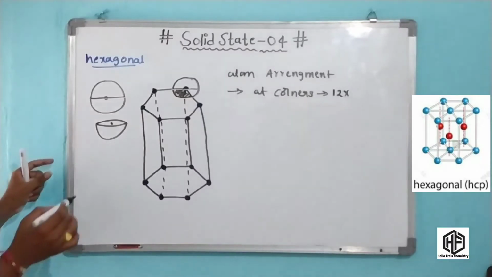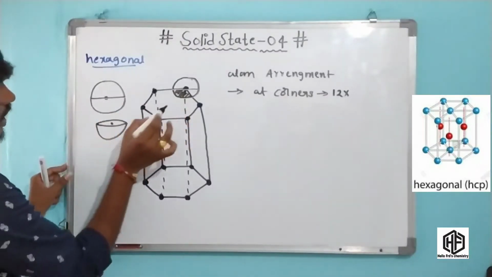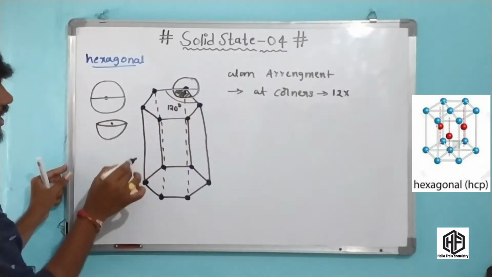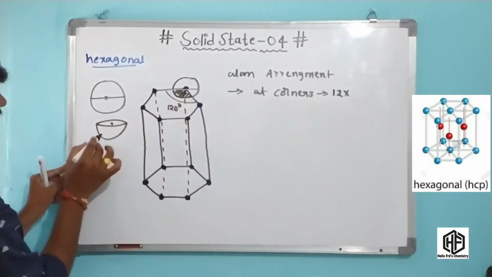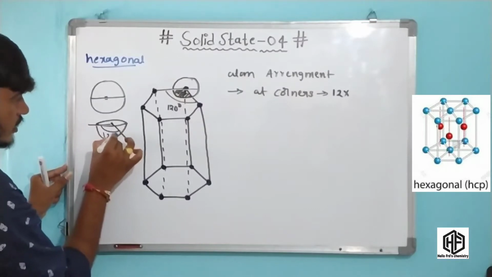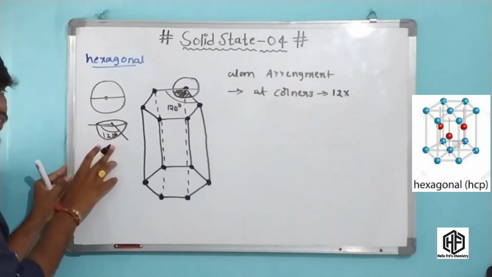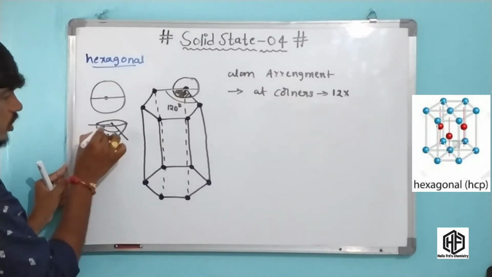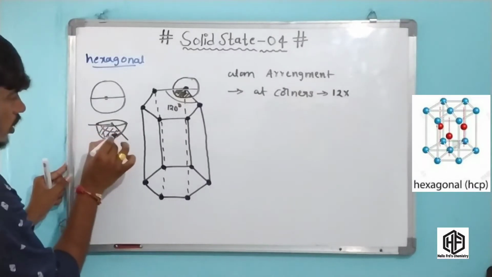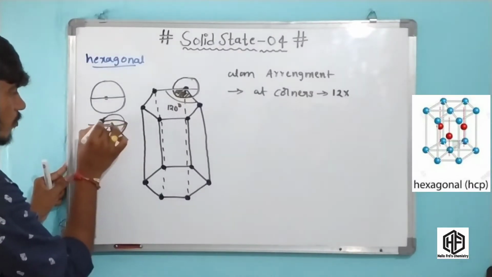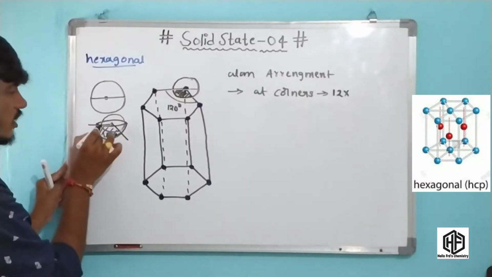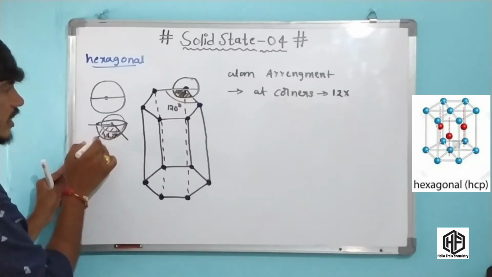In the hexagonal unit cell, the angle of this hexagonal is 120 degrees. Okay friends, the angle between these two edges is 120 degrees. Now, in half of the atom, this part is involved in the unit cell. This is 120 degrees, and the total around the circle is 360 degrees, so 1/3 part is involved in this unit cell.